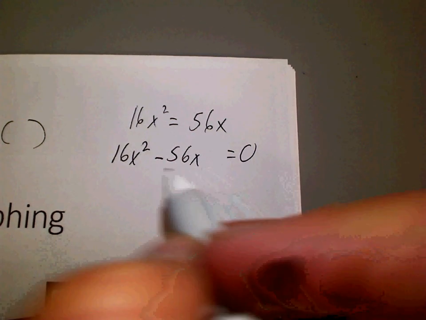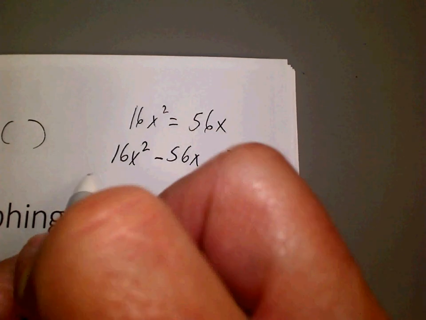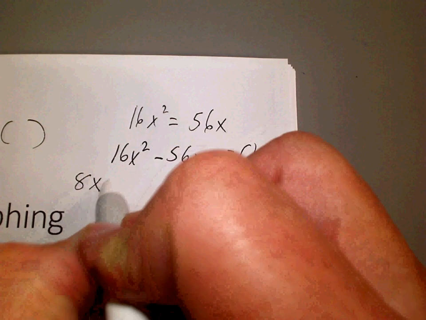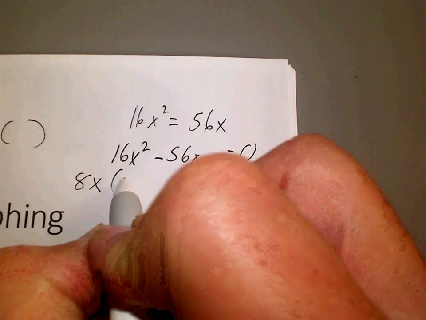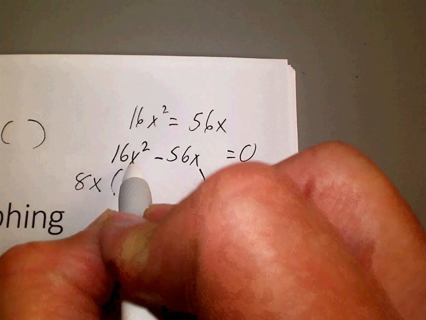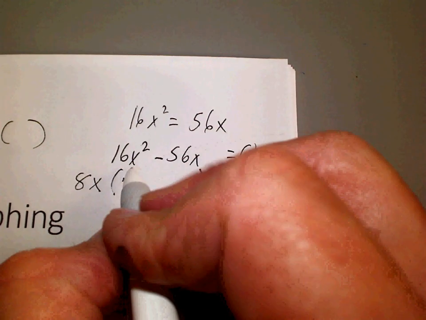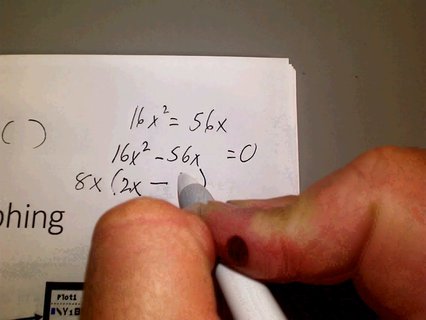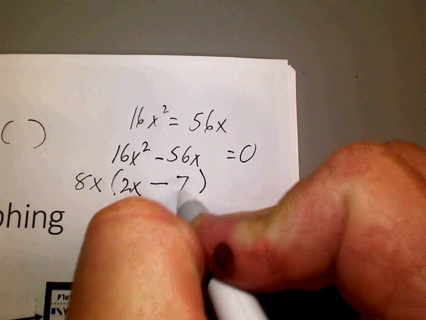I can take an 8 out of both of those, and an x out of both of those. I take 8x out of 16x squared. What would that leave? 2x, very good, minus 7, still equal to 0.